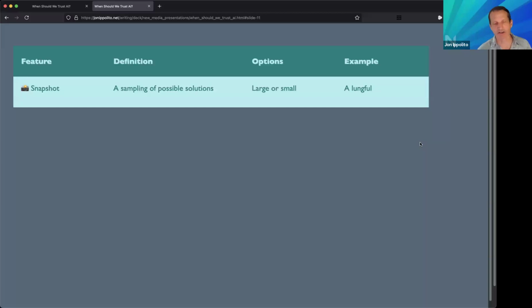I would call a snapshot a kind of microstate of the system. So it's a sampling of possible molecules or solutions or returns to a prompt. The snapshot can be large or small, and the example from Julius Caesar is a lungful. A lungful is a sampling of all the possible molecules in the atmosphere.